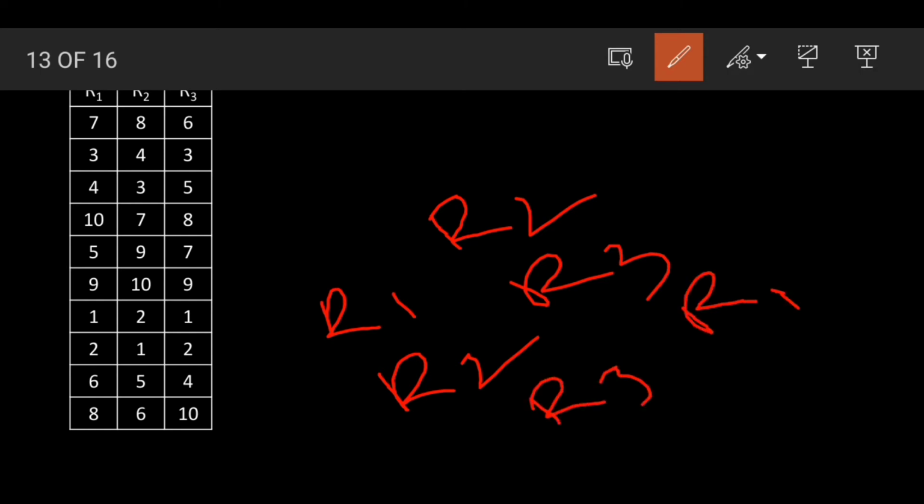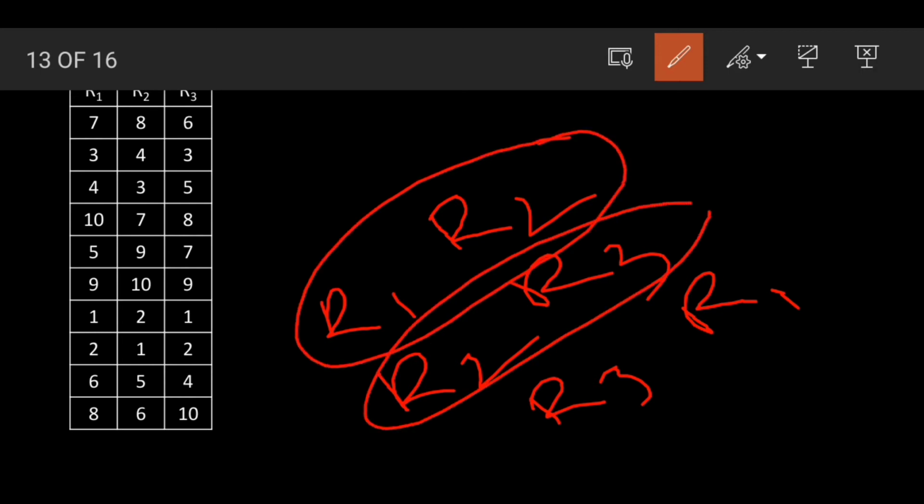So you have to calculate the correlation between the first group, second group and third group. The meaning is you have to find the correlation coefficient between judge 1 and judge 2, then judge 2 and judge 3, and judge 3 and judge 1.